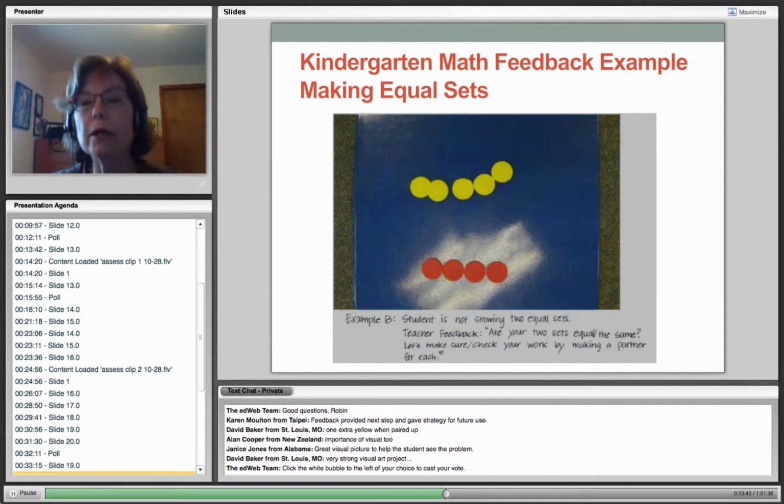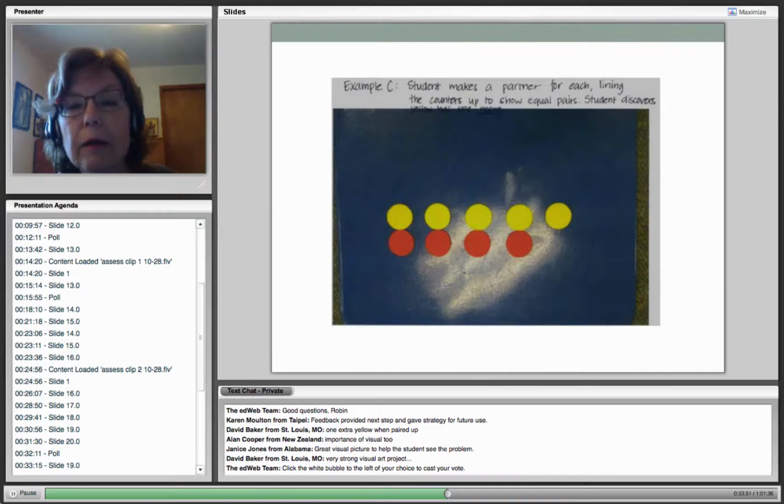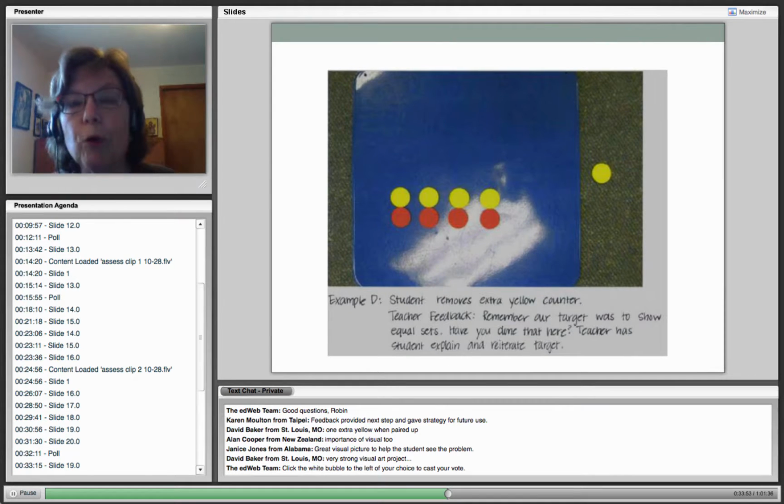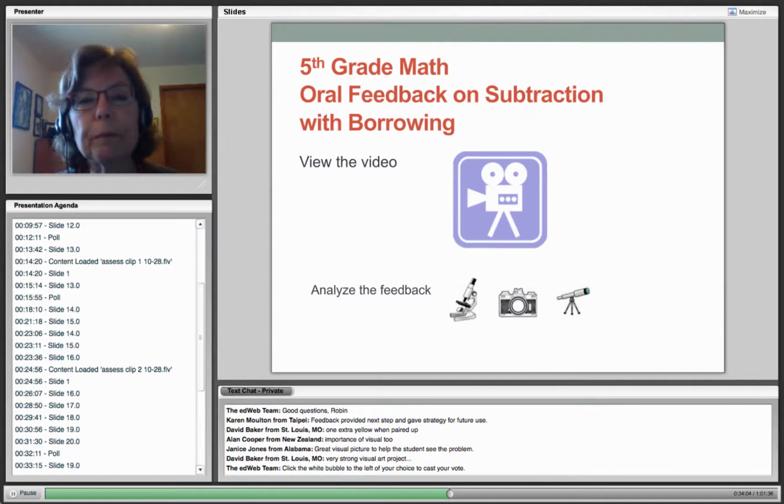And then she gave him a strategy. Why don't you line them up? Why don't you put them in partners? And we have the proof that it was in fact effective. So that's another example. And because it's kindergarten, it's kind of fun to use.